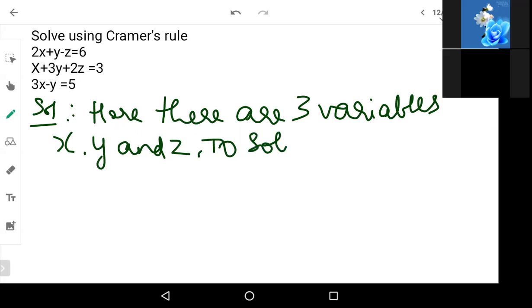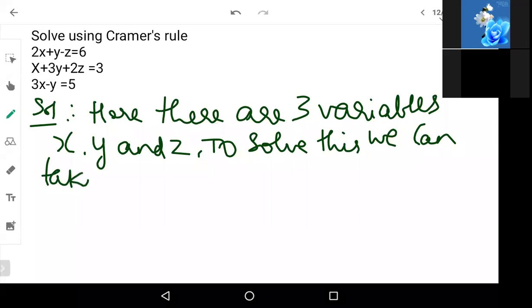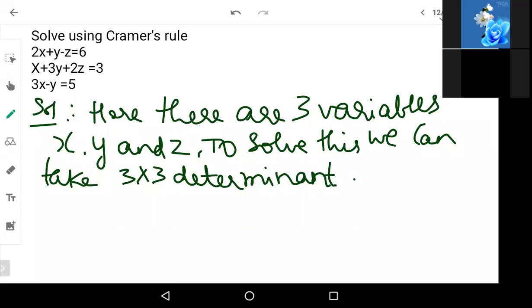To solve this, we can take 3 into 3 determinant. Since we have 3 variables, we are considering 3 into 3 determinants. Now let us first form the delta.